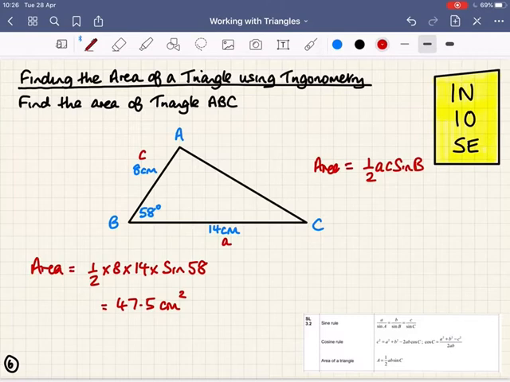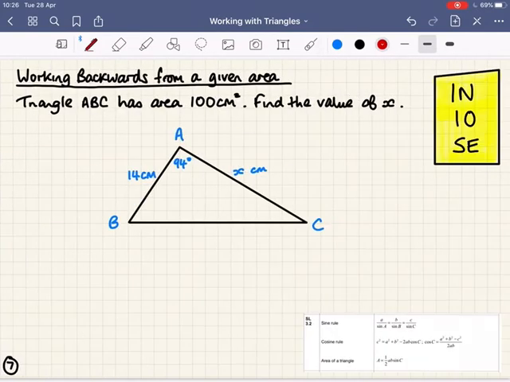Okay. Not every question will be absolutely as straightforward as that. We might have to work backwards from a given area. So in this particular question, again, I'm just going to check the sides. I've got side C there, this is side B, this is side A. So I have got an area of 100, and that was equal to a half BC sine A. So a half x times 14 sine 94.